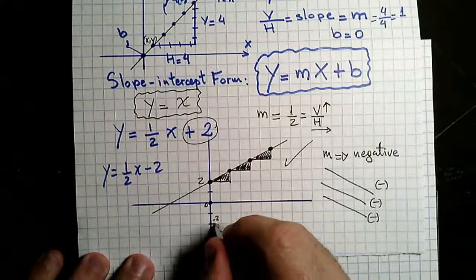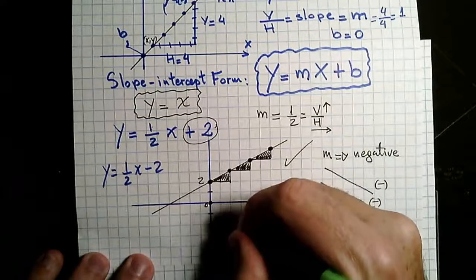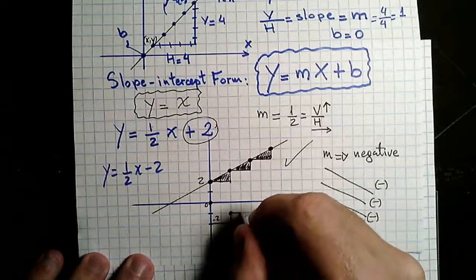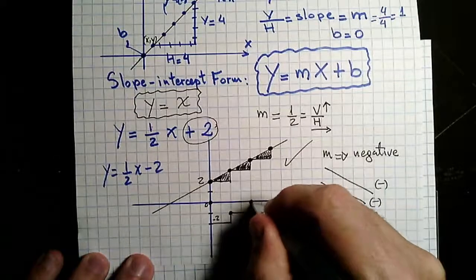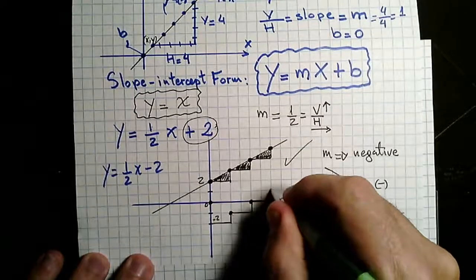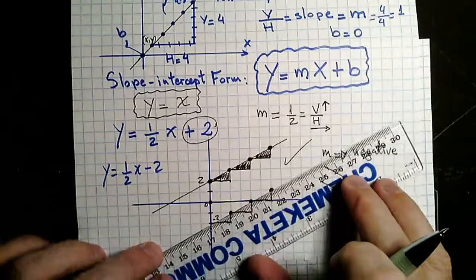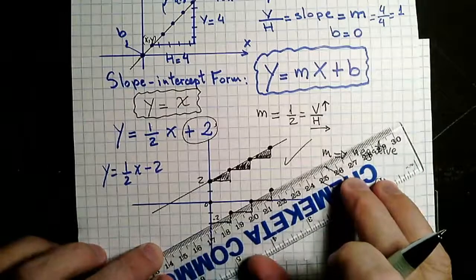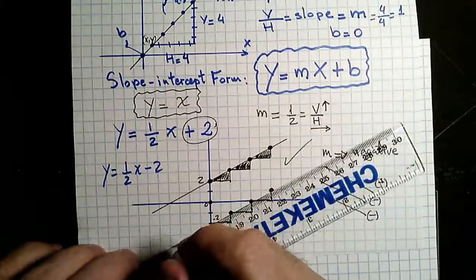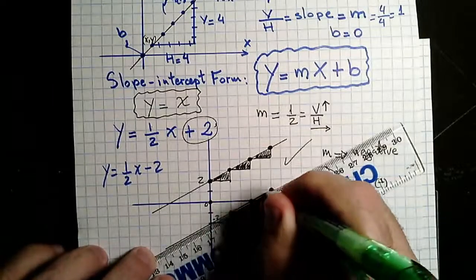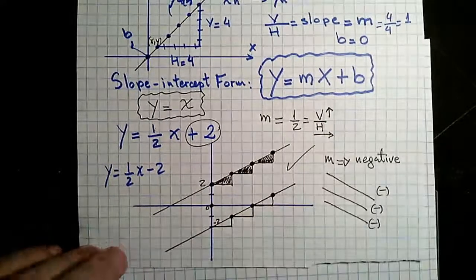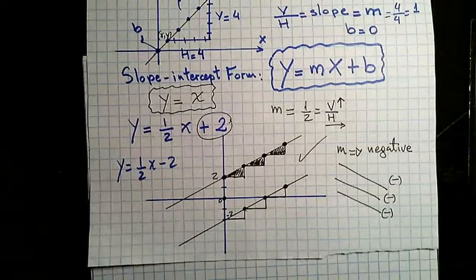So now I have 2, 1, 2, 1, 2, 1. I have this one, and I can go there and draw a line that is going to be perfectly parallel.